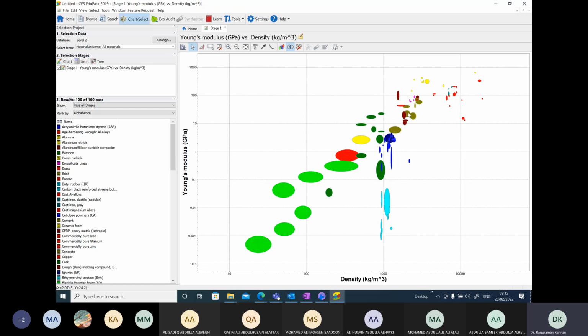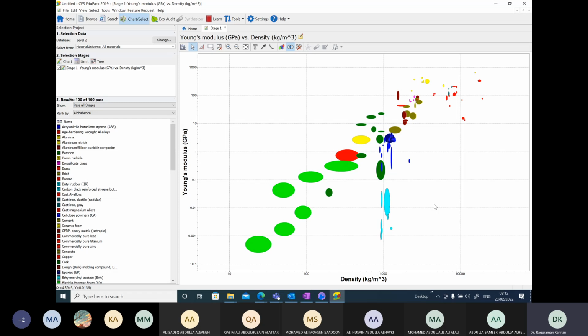As I go up, you can see slowly we are getting composites, and let's see here, CFRP, and then we are getting some metals, small bubbles here. They give you the metals and ceramics, titanium alloys. Okay, so these are the various types of materials.